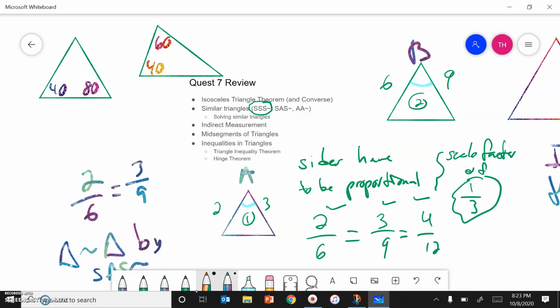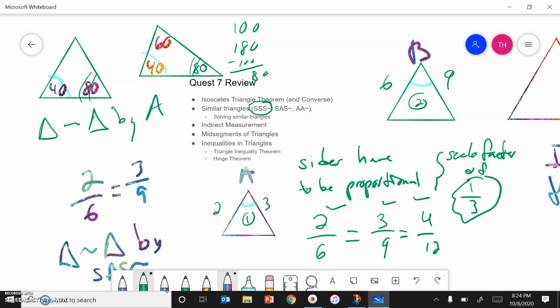Are the triangles similar? Well, your initial reaction is to say no, because I only have one angle per triangle congruent, but in reality, if you do some math, 40 plus 60 is 100, so 180 minus 100 gives me 80. So this angle would have to be 80. So in that case, those two are also congruent. So yes, the triangles would be similar by angle similarity.